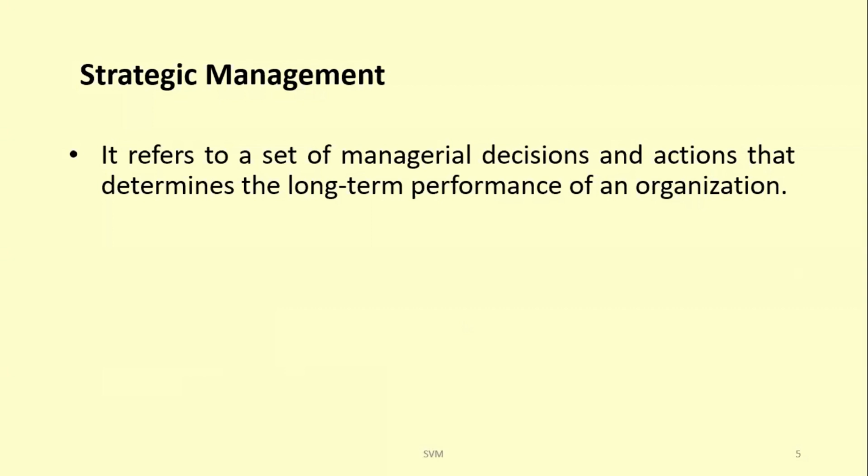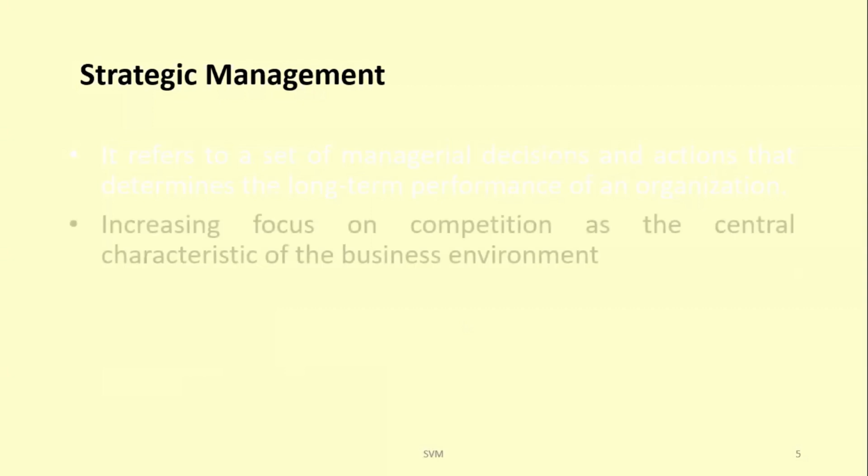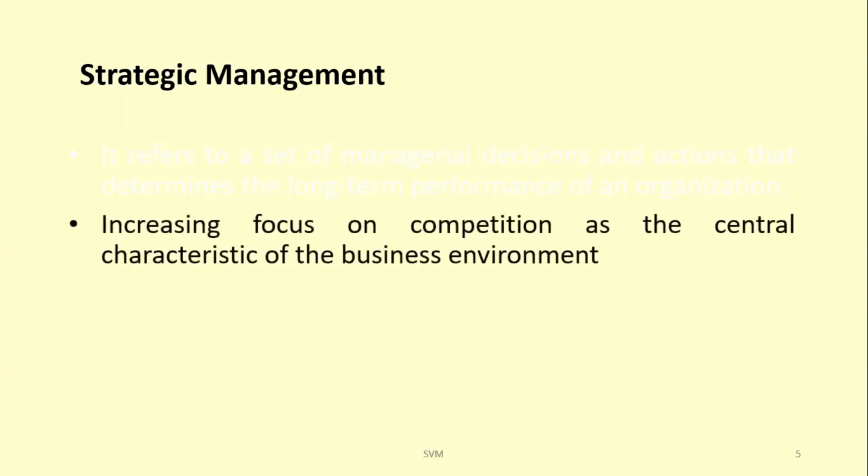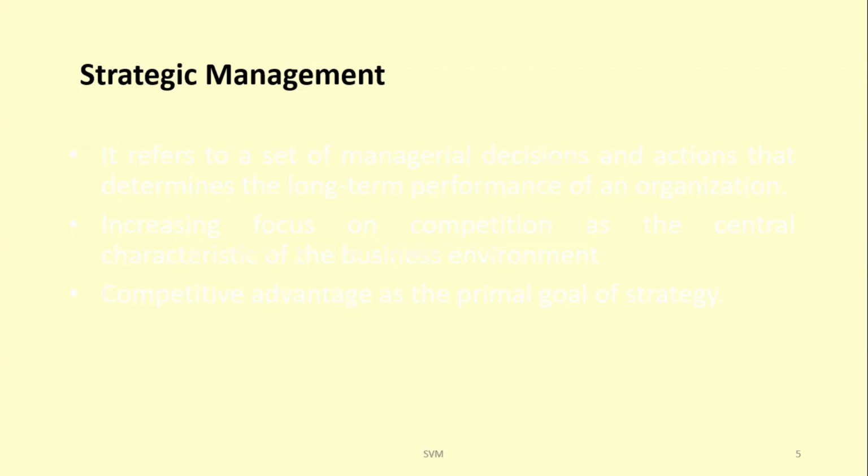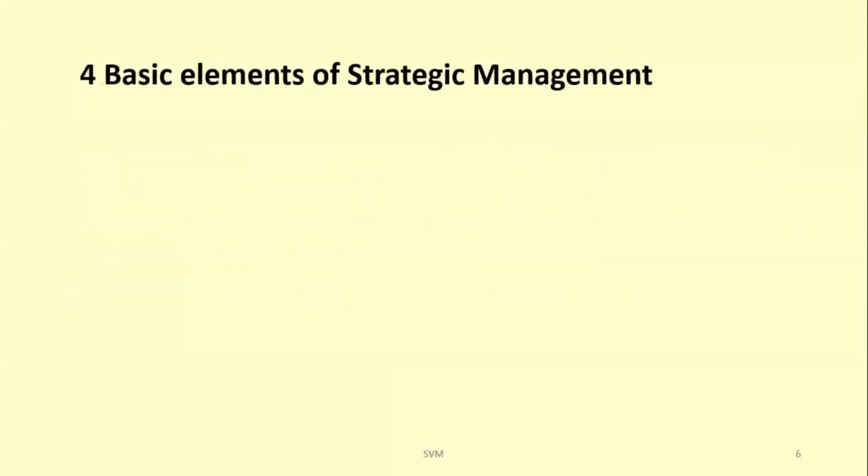What will be my long-term performance out of that. And here in strategic management, focus is on competition as the central characteristic of the business environment. How do I increase that particular focus? Competitive advantage as the primary goal of strategy. So this is about strategic management.